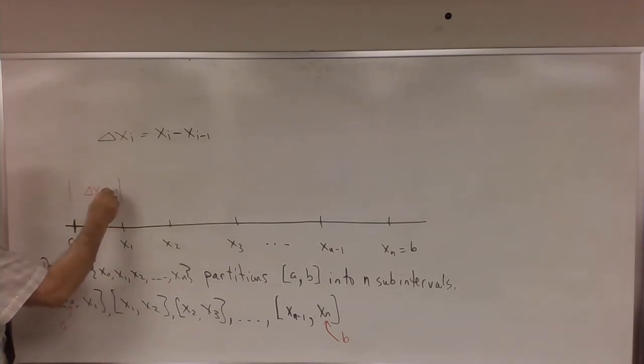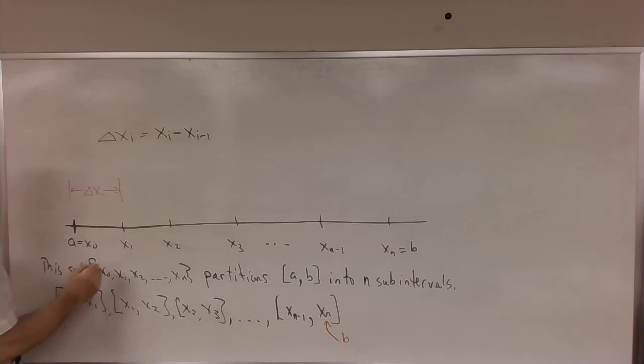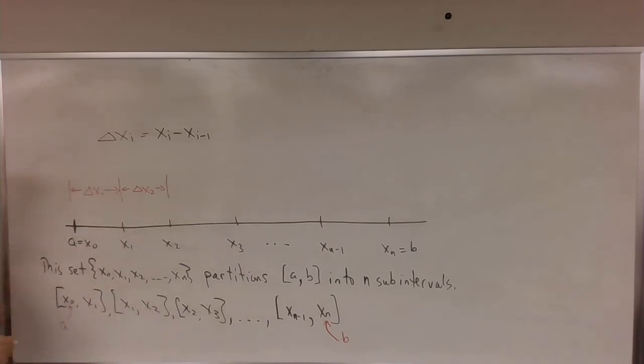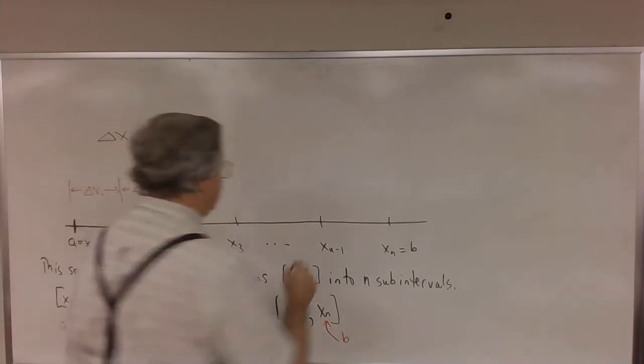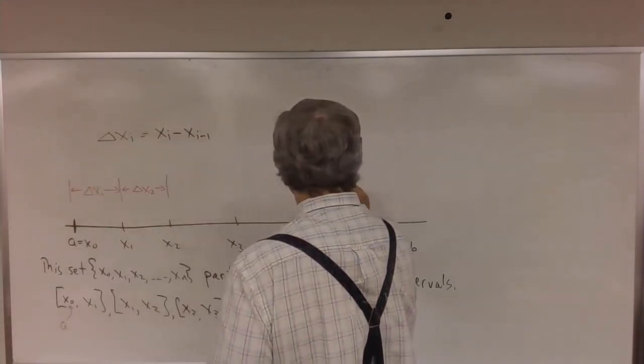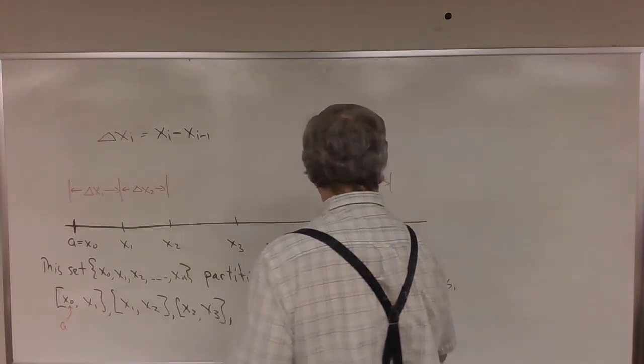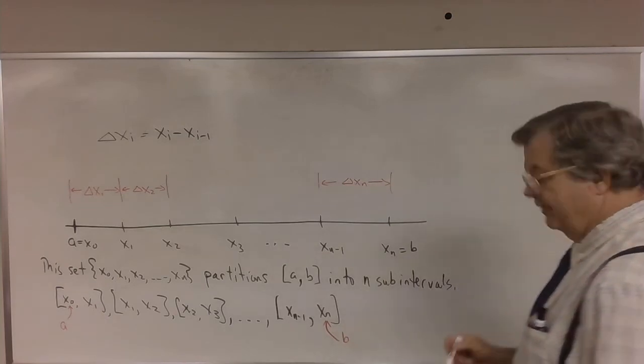This is delta x sub 1, the length of the first interval. Delta x sub 2, the length of the second interval, dot, dot, dot. Delta x sub n, the length of the nth subinterval, and so forth.